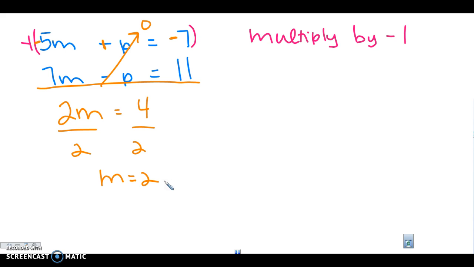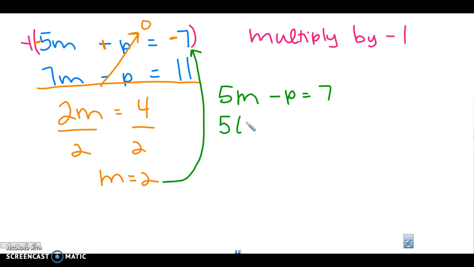Now remember, it doesn't matter which equation I plug it back into. I can plug it into my new top equation or my old one or my bottom equation, doesn't matter. I'm going to plug it into my original top equation. So I have 5m minus p equals 7, and I'm going to say 5 times 2 minus p equals 7. That's 10 minus p equals 7.